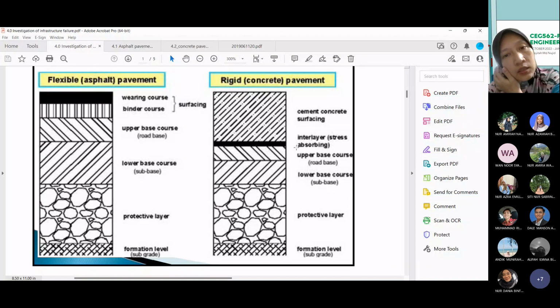And of course, because of having two different materials, the stiffness and also the strength of the material will differ. So, in part of the pavement research activities, they will look at the fractural stiffness, the rigidity stiffness, and also the resilience stiffness.